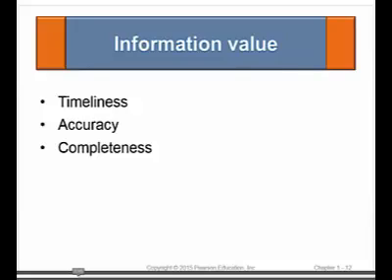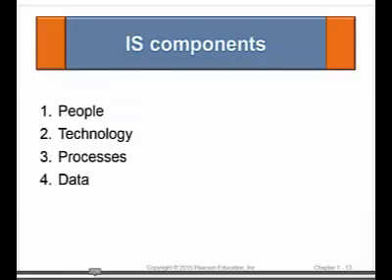Accuracy may seem like an obvious attribute for valuable information, but there actually are degrees of accuracy. The more accurate you want the information to be, the longer it may take to get it, making extreme accuracy a trade-off of timeliness.